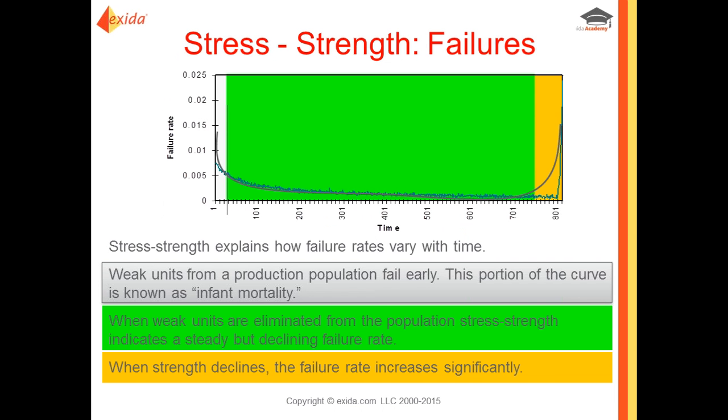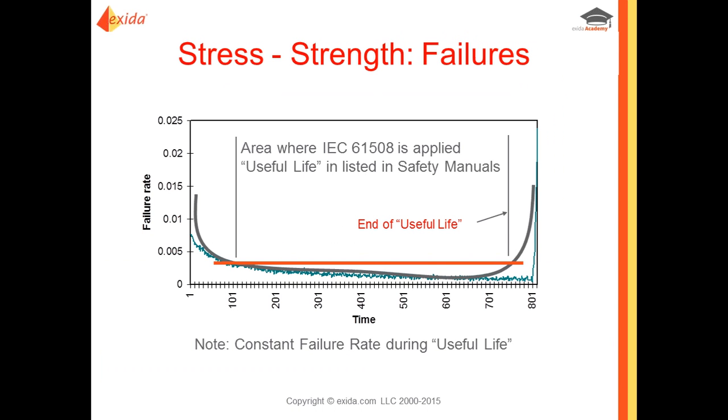So this failure rate plot is called a bathtub curve. In the beginning of the curve, it's called infant mortality. And as you can see, it's a steep failure rate.